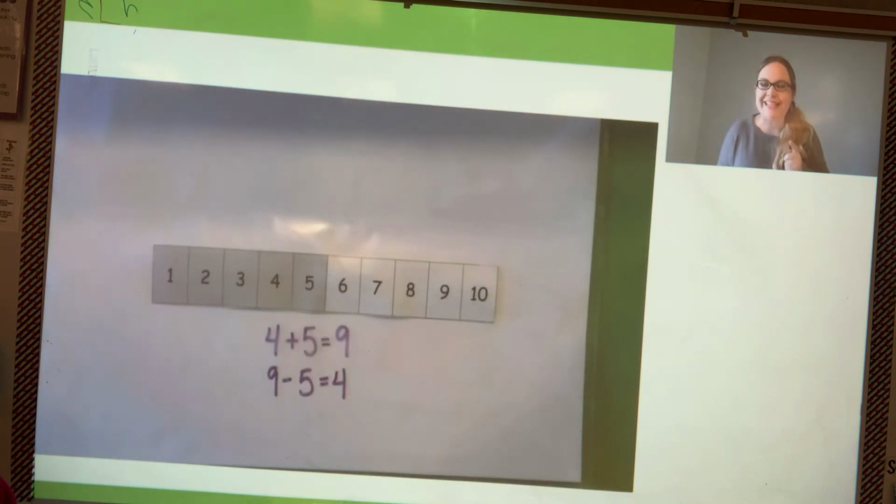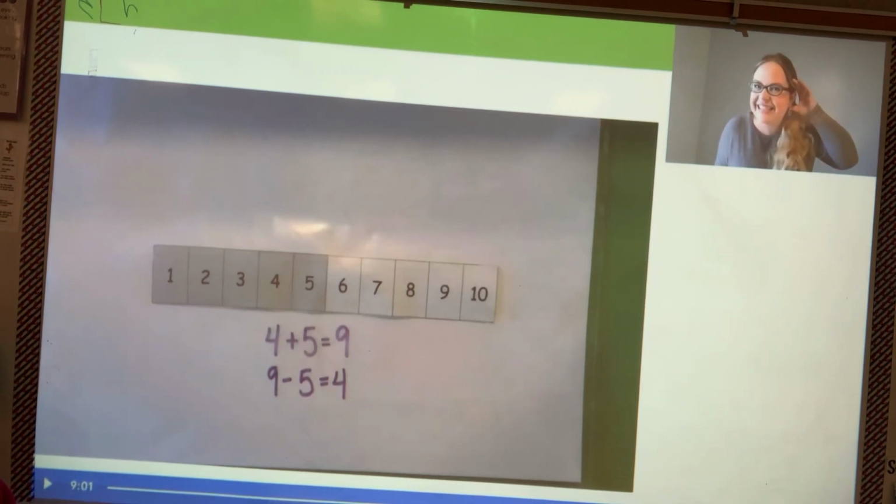Do you notice anything interesting about both of these number sentences? Raise your hand. Estelle? That there are the same numbers in the number sentence, just in different places.